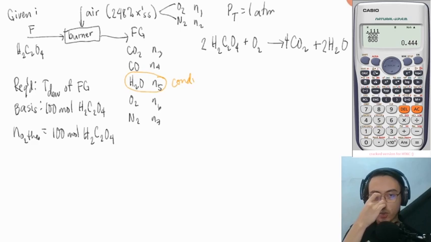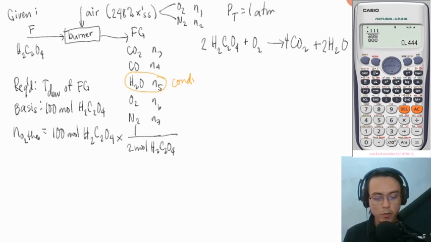So going back to our O2 theoretical, based from the balanced equation, for every 2 moles of oxalic acid, we use 1 mole of oxygen. So our O2 theoretical is 100 divided by 2, that's 50 mole O2 theoretical. We use the percent excess, so 248% is 2.48.